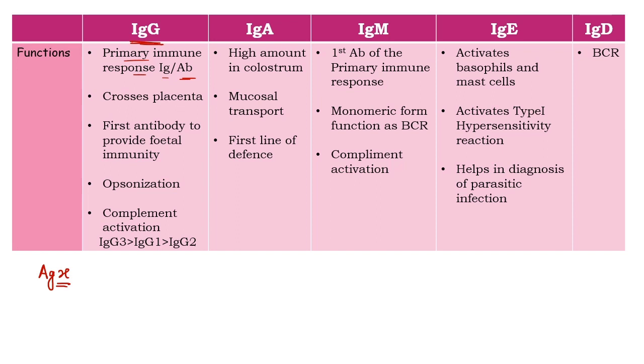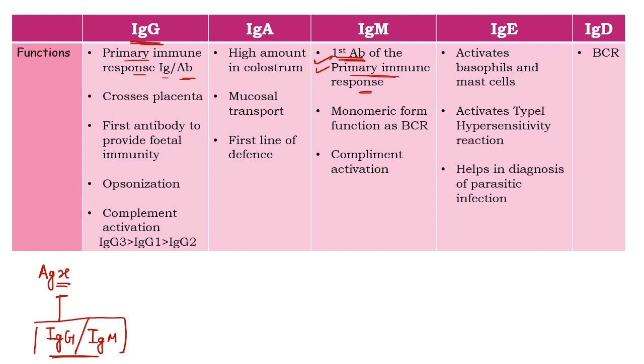The immunoglobulin that will form first against this antigen will be of IgG and IgM type. These are the two antibodies formed as a result of primary immune response. Among these two, the first immunoglobulin formed is IgM. It is the first antibody to be formed during primary immune response.